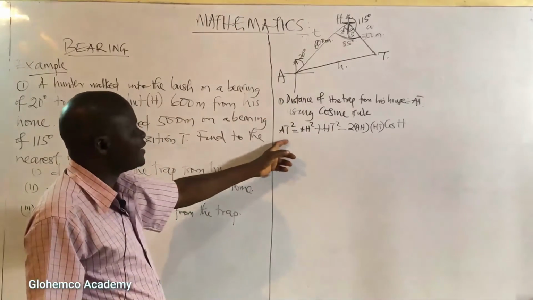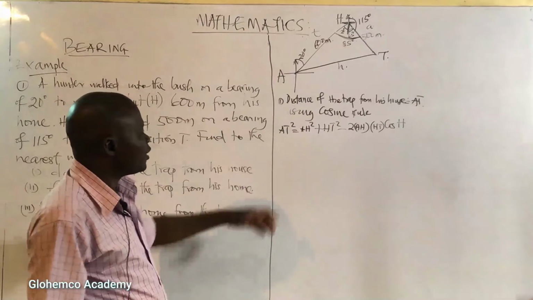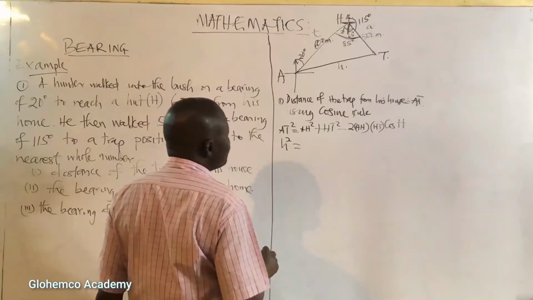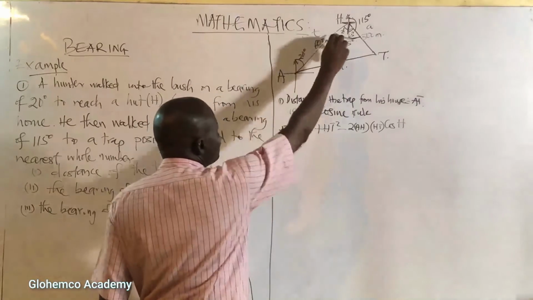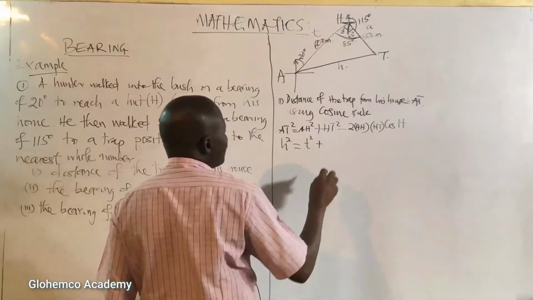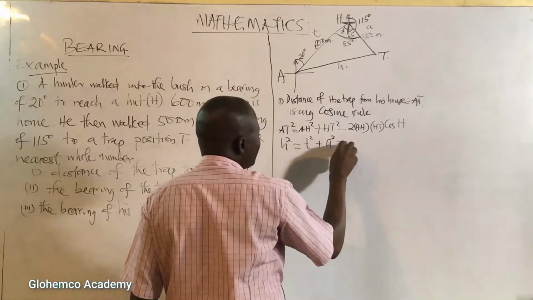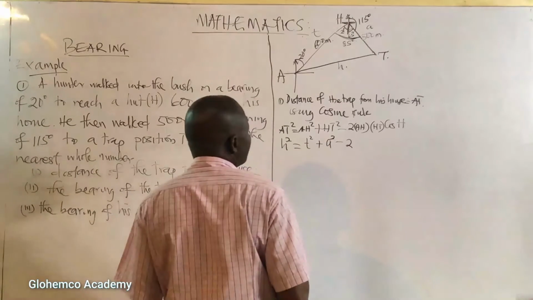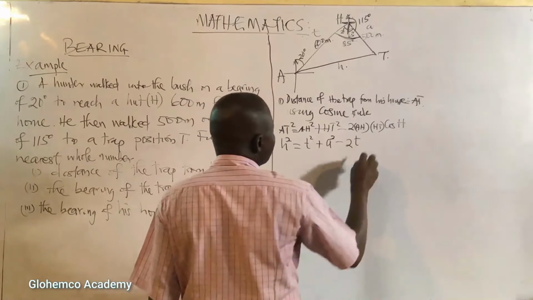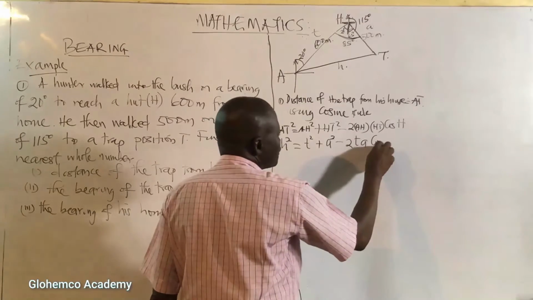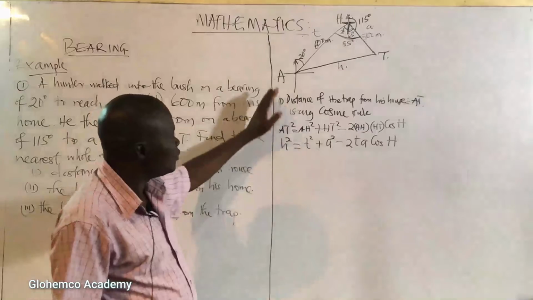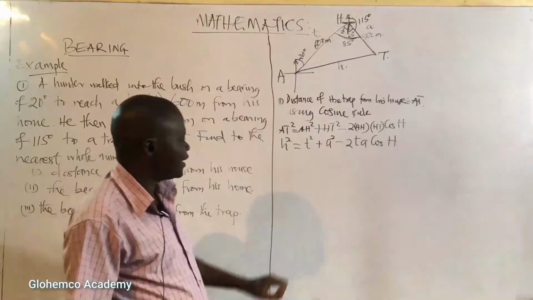Instead of saying capital AT, we can state that h squared equals AH, which becomes t squared, plus HT, which becomes a squared, minus 2 AH, our AH is t and our HT is a, cos H. So we have interpreted this one into our small letters here.